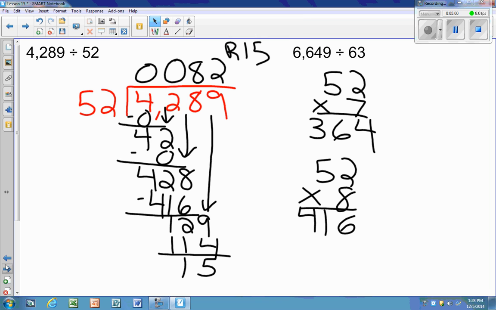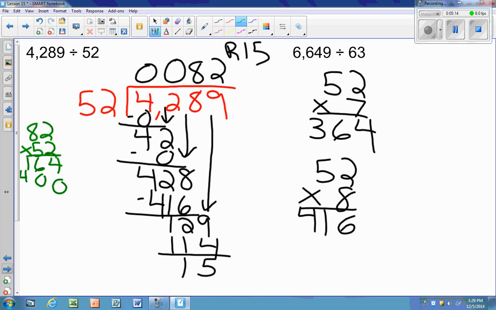And just like before, I have to make sure that I check. So I do 82 times 52. And now I take 4,264 and I add 15 and I get 4,279. So something's wrong.